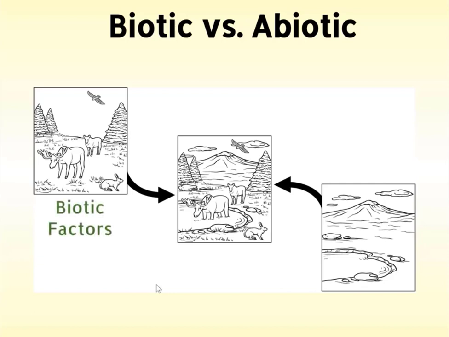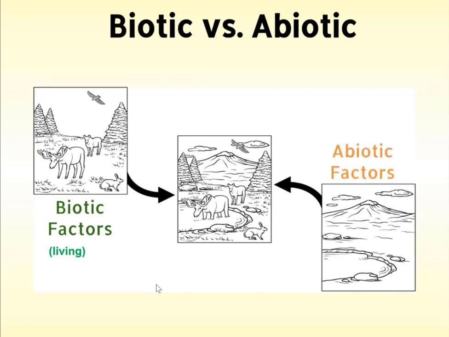So if we look really closely at this picture, on the very far left, we're going to see the biotic factors. And if you look at that, you're going to see trees, you're going to see a hawk, you're going to see a rabbit. If you think about these things, these are all living things. So biotic factors are all living factors of the environment.